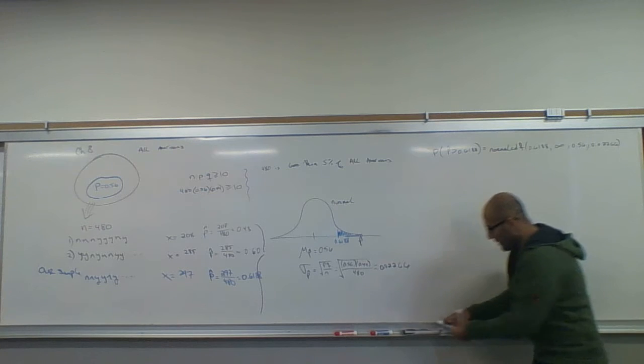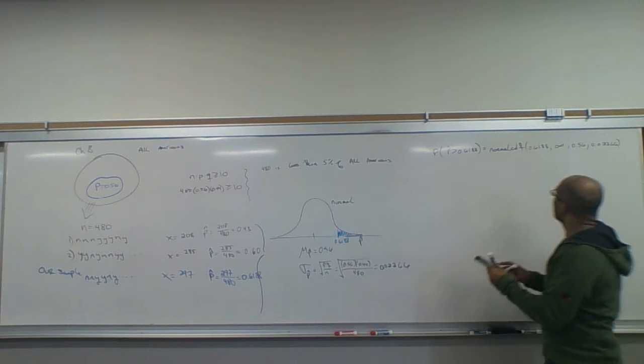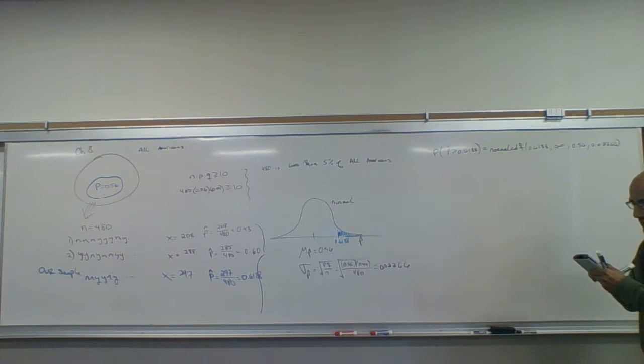So let's find that out. Normal CDF of 0.6188, comma, infinity, comma, 0.56, comma, 0.02266.